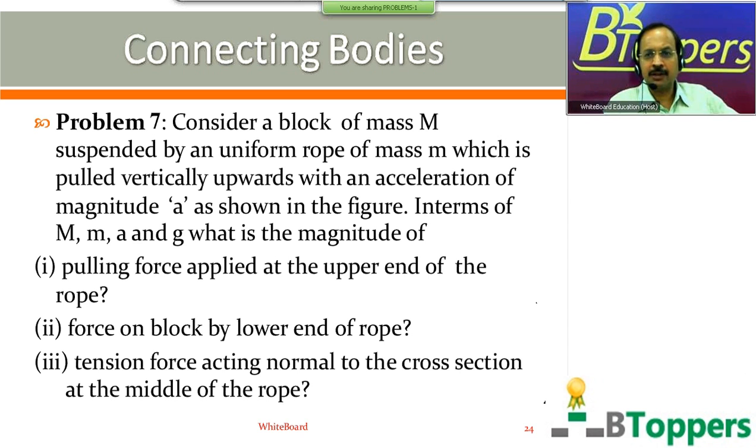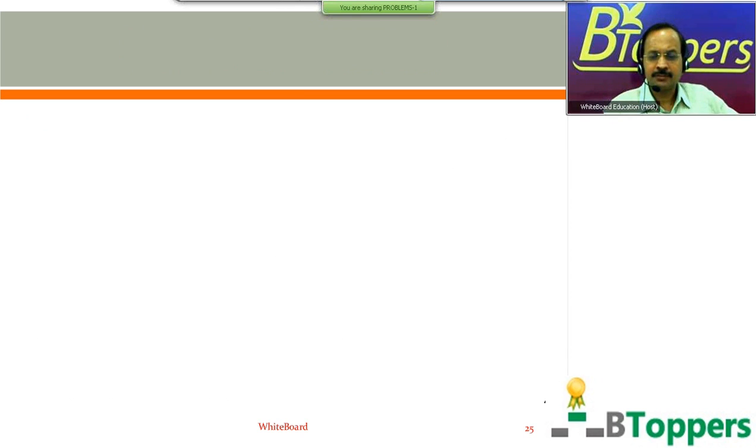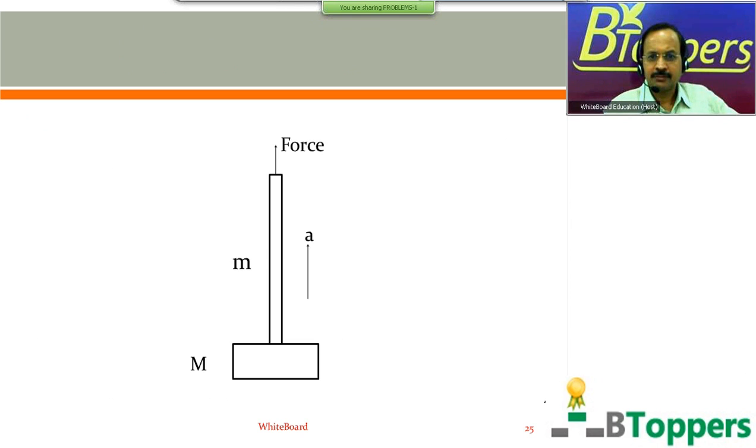I think you can make out the situation. You can better copy this diagram on paper or in your notebook. You can observe that the block of mass M is pulled vertically upwards with a uniform rope of mass m in the vertical upward direction with an acceleration of magnitude a.